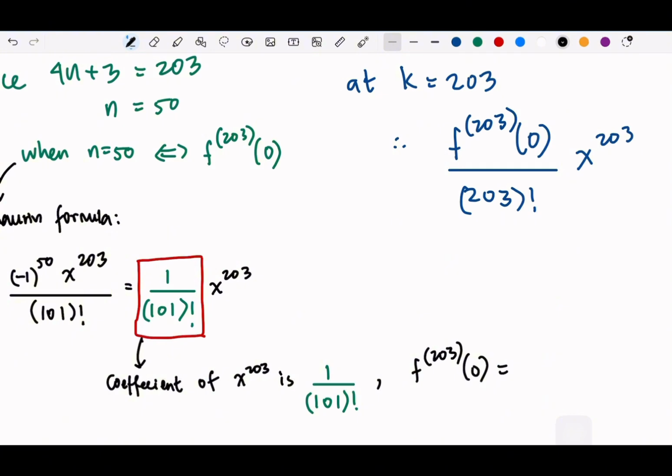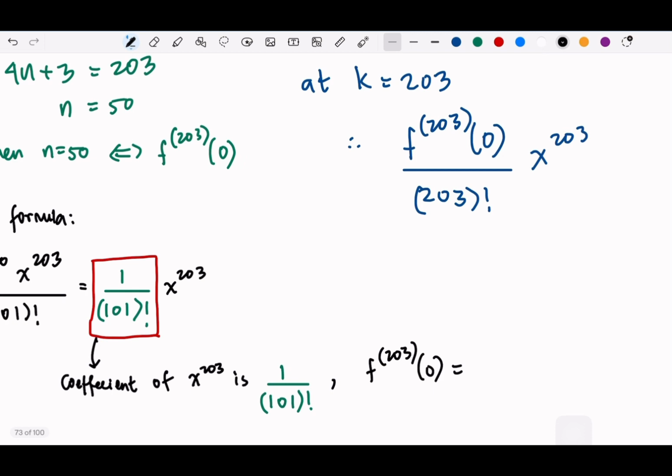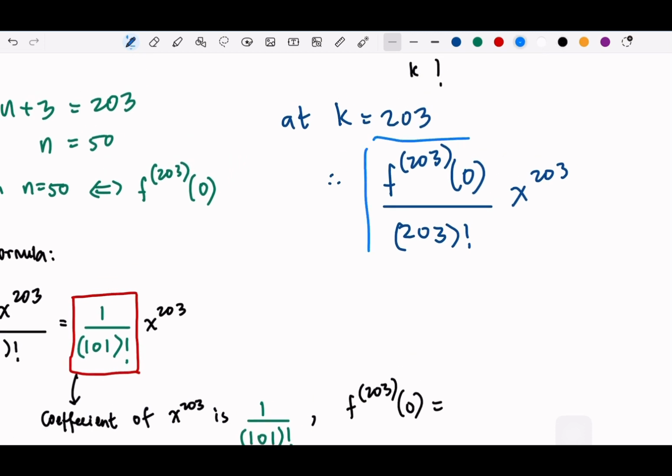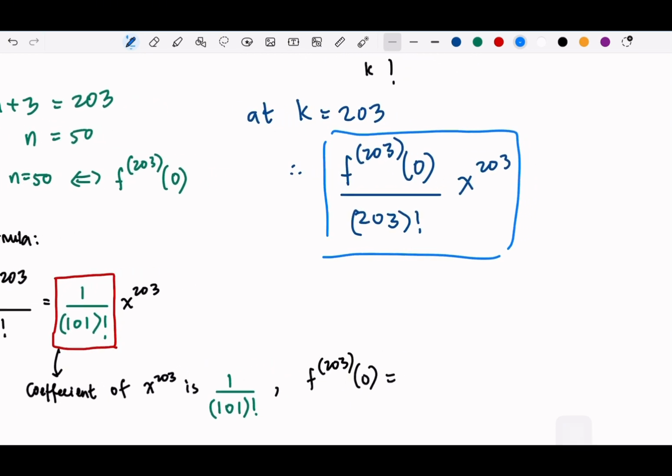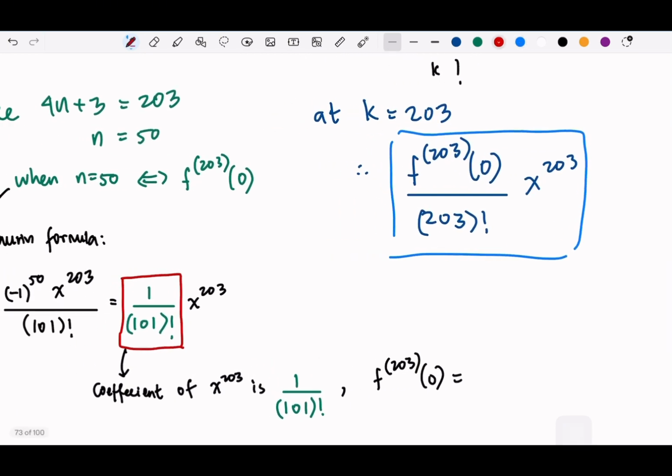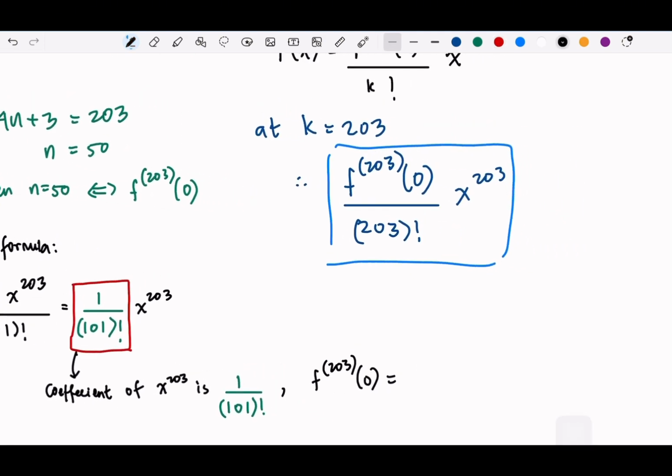Since this is the whole formula, this will be equal to 1 over 101 factorial times x to the 203.